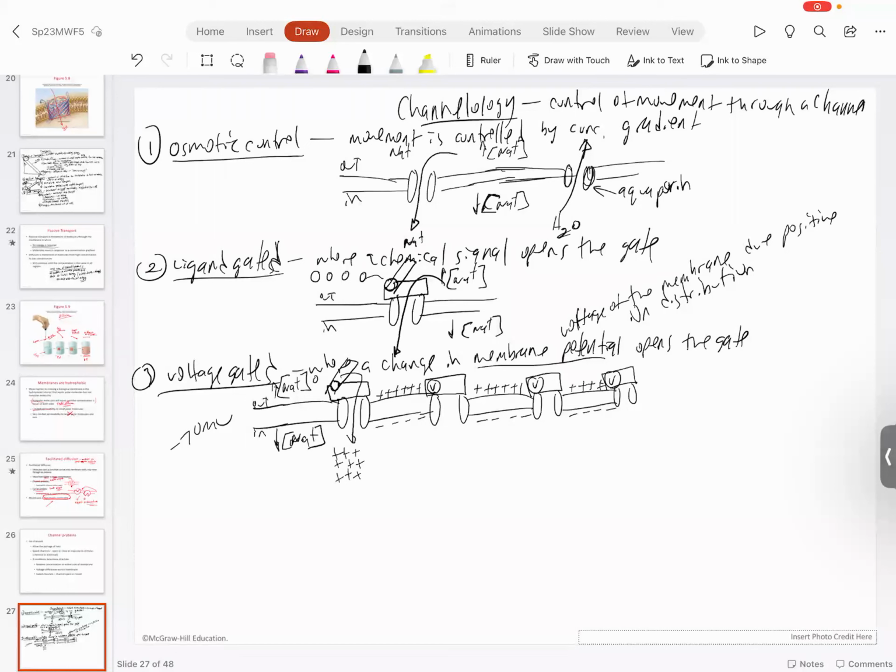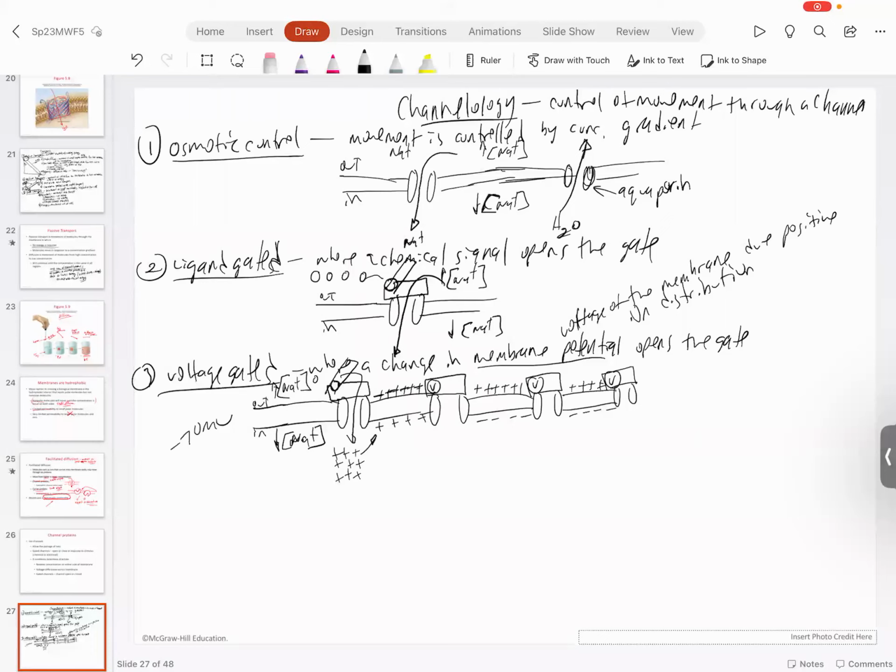All that positive charge that was on the outside is now going to flip to the inside. And so instead of the inside looking negative-ish, guess what? It's going to start to look positive-ish, right? Because all these positive charges will basically go over and start making the inside look more positive than negative because all your sodium just came in. The outside is going to start looking more negative.